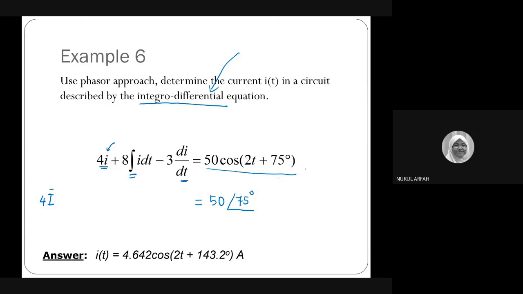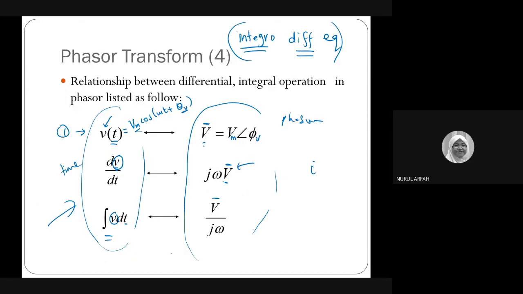Okay, 4 with I bar, and then plus 8 di dt. If you look at this table, which one is differentiation, integral form, differentiation plus integration: number 1, number 2, or number 3?